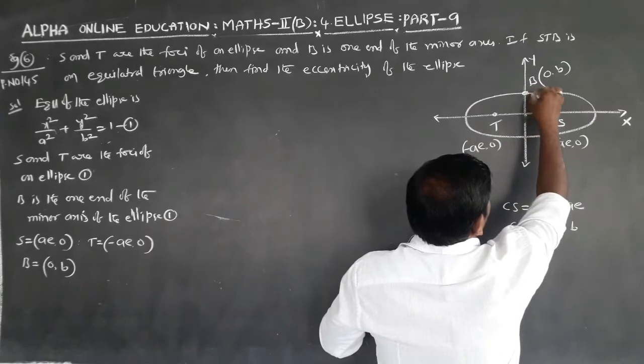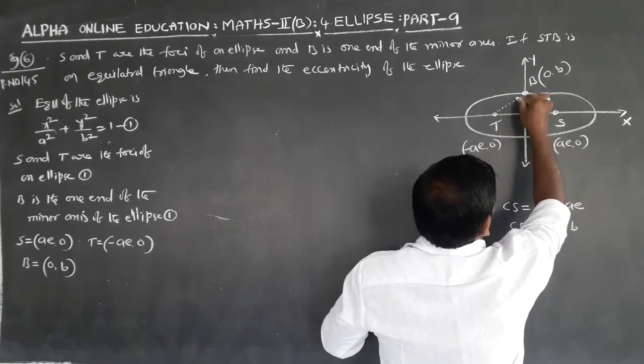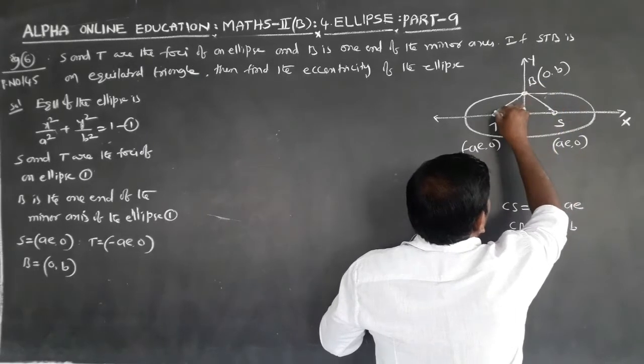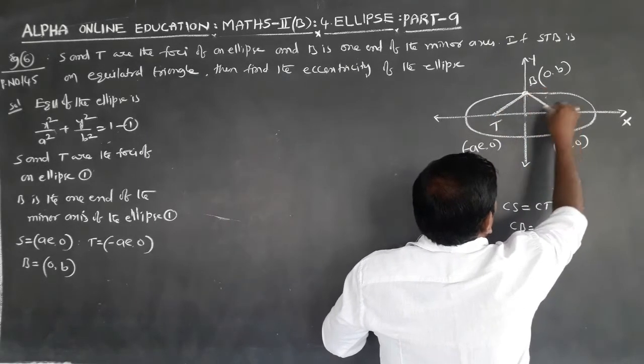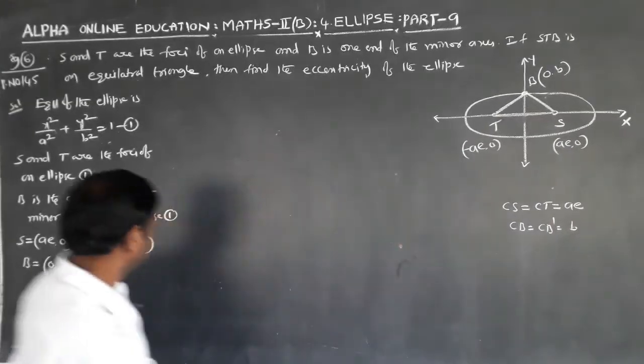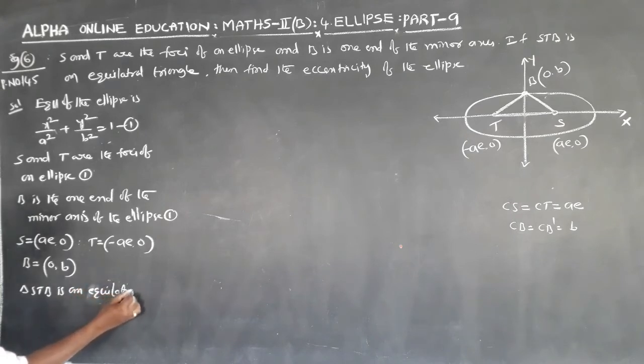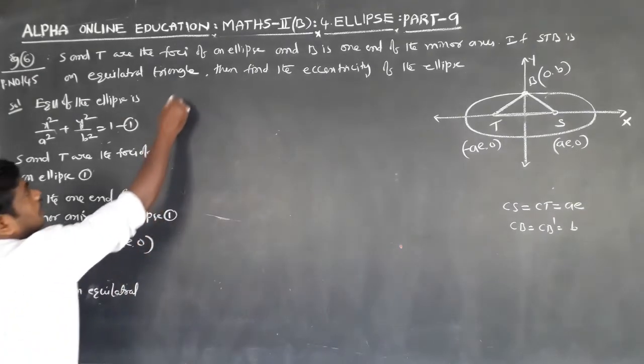Here triangle STB is an equilateral triangle.